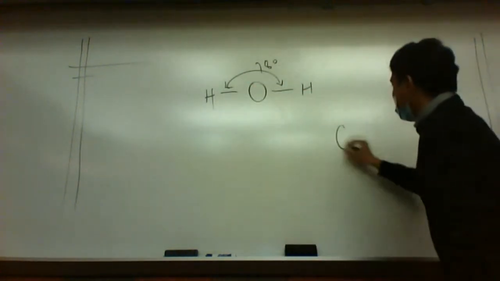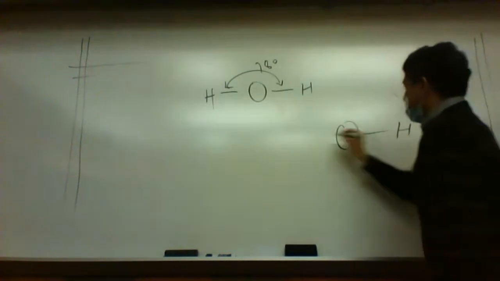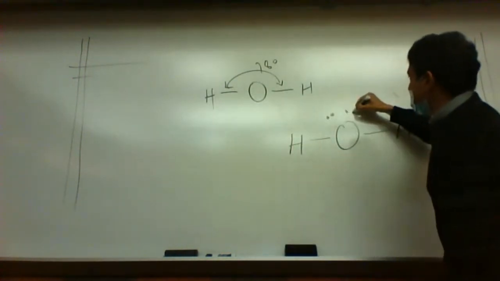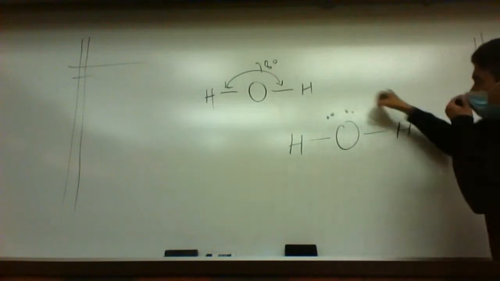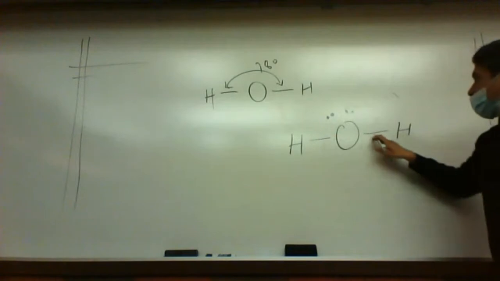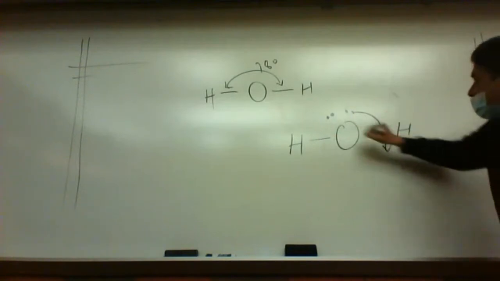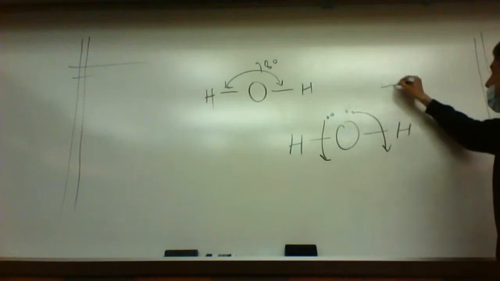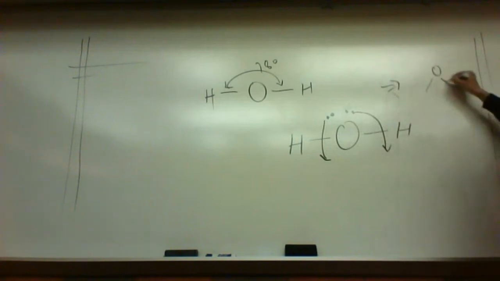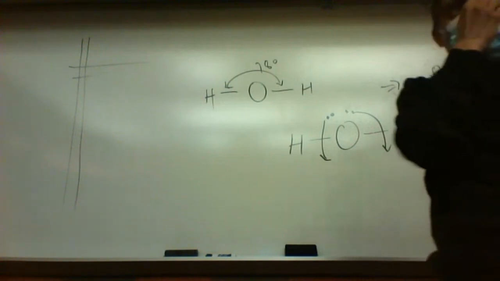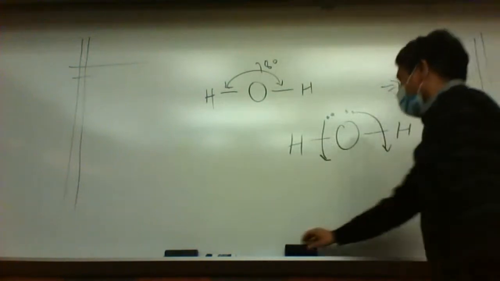But in the water molecule, the oxygen has 2 lone pairs like this, and these lone pairs repel each other. Lone pair and bond pair repel each other, bond pair and bond pair repel each other, and this is pushing it down. So the water molecule is not linear, it is V-shaped. This is very important: if there is a lone pair on the central atom, it is always a bent structure.